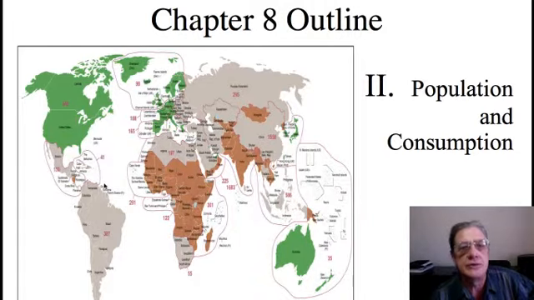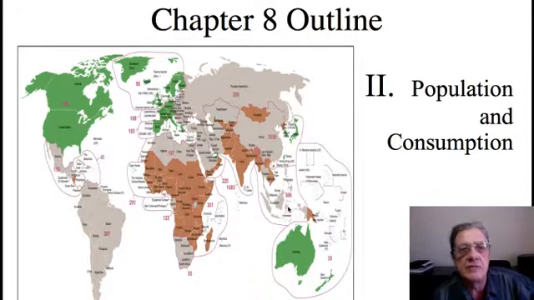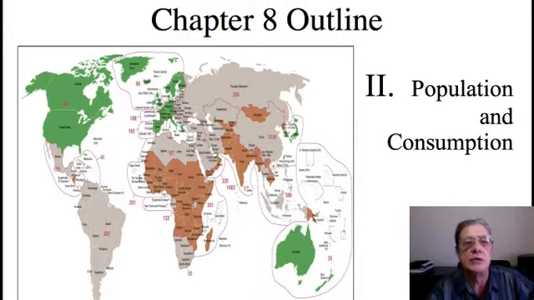The green countries represent those that are relatively highly developed. They have a high standard of living, and the median income for the average person in these countries is about $37,000 a year.